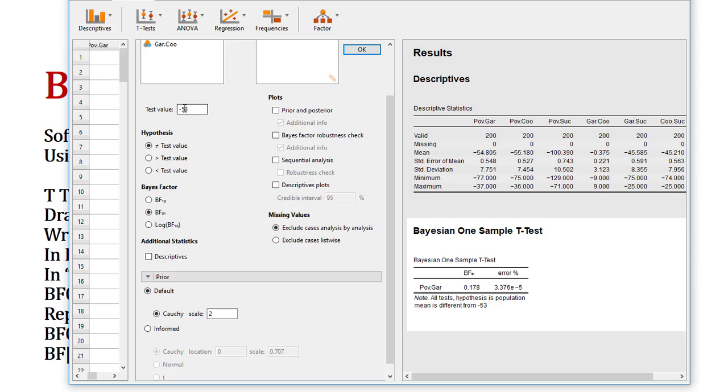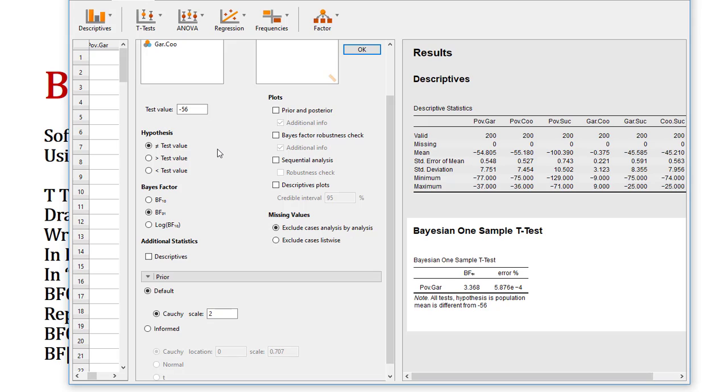What we need to do now is the same with minus 56. So we change it, we press enter, and the Bayes factor for minus 56 is 3.368. So the Bayes factor is higher for the minus 56 model than for minus 53.